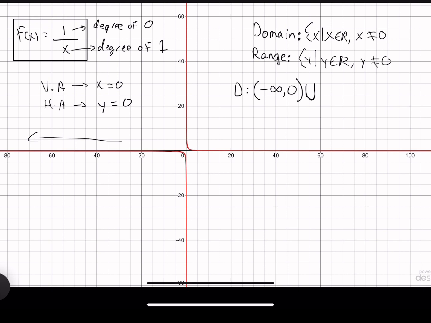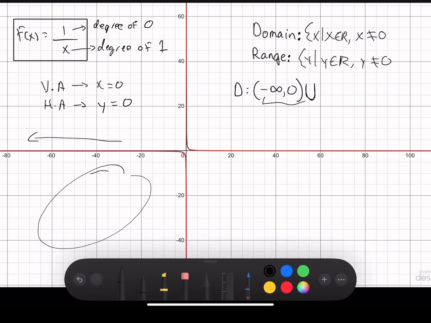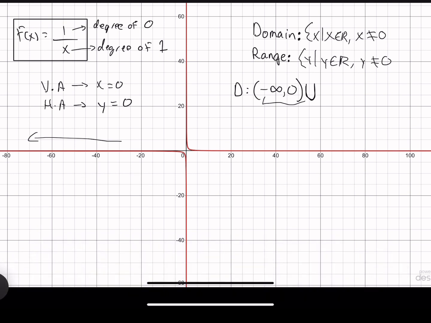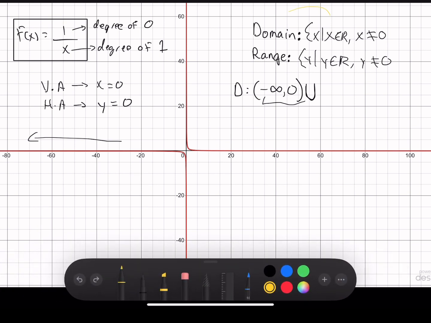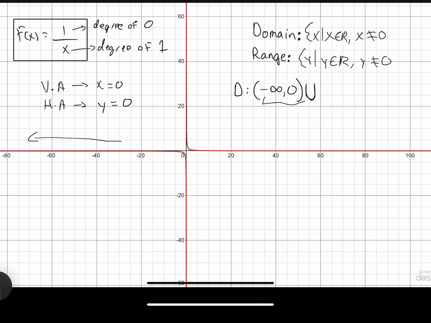So this section of the domain describes this portion here. But if we're going to describe this portion of the graph over here, which is the same function, we write union, and then of course not including the 0. So we're going to use round brackets, and then x approaches positive infinity towards the right.